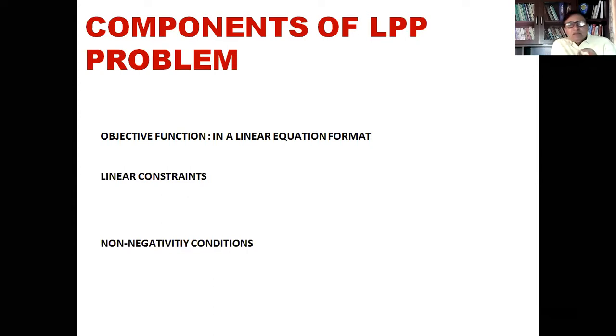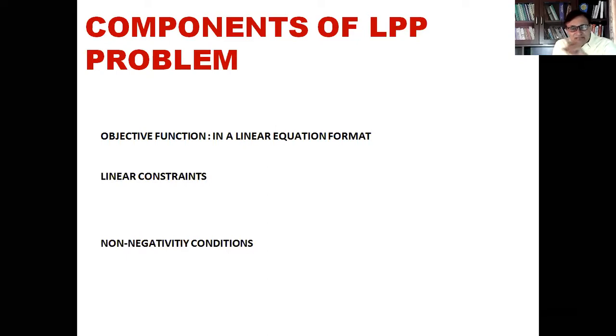For example, if you are producing three products, X1, X2, and X3, and you are getting C1 profit from X1, C2 profit from X2, and C3 profit from X3, our total profit will be C1X1 plus C2X2 plus C3X3. So our maximization problem will be maximize Z equal to C1X1 plus C2X2 plus C3X3.